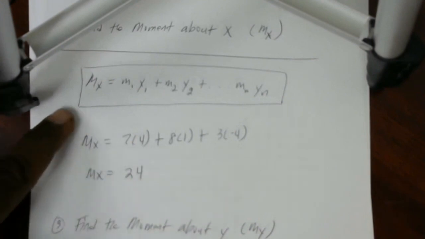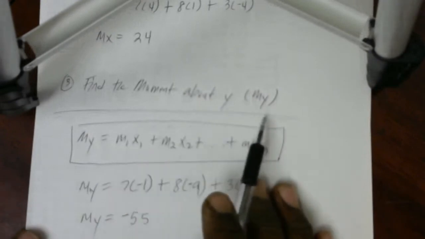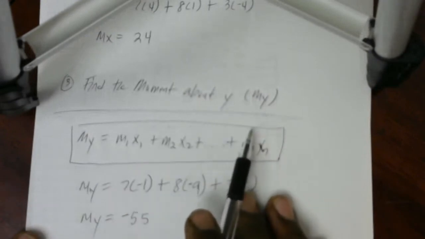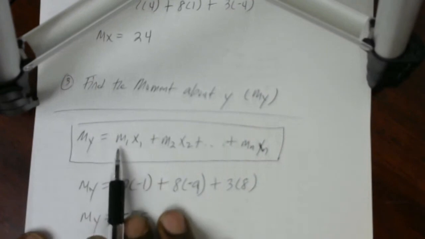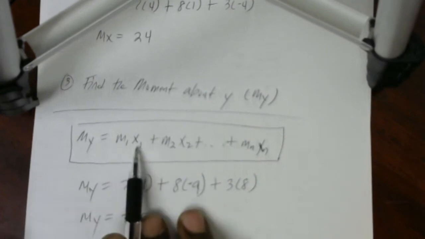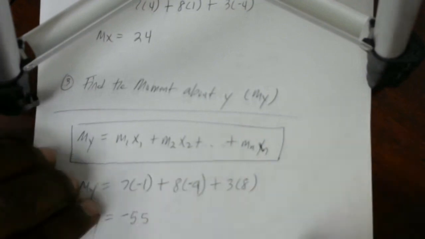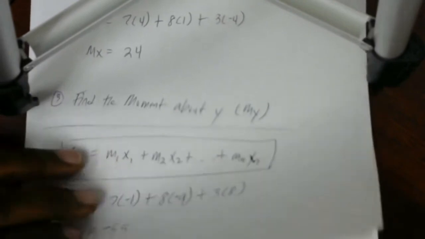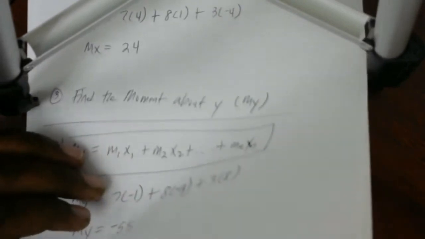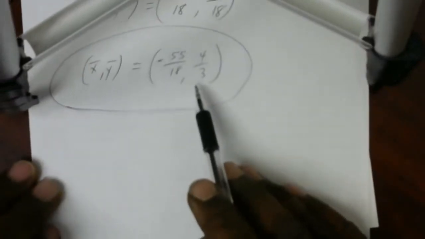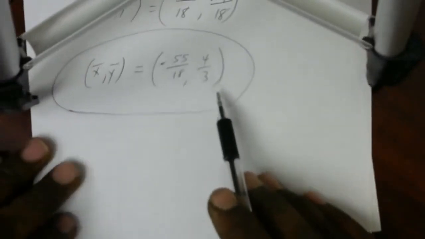We sum those to find the moment about X. To find the moment about Y, we multiply the mass for each object times the X coordinate, right? We got negative 55. We substituted in everything and we got negative 55 over 18, comma 4/3.